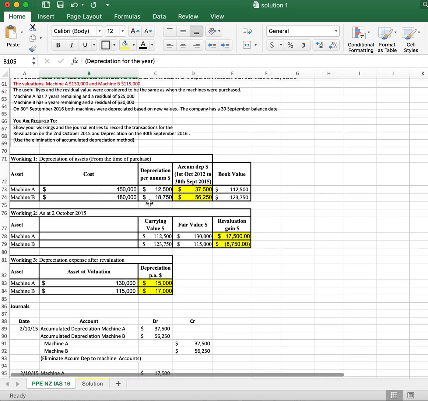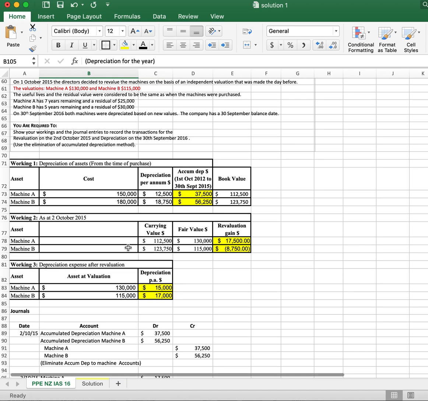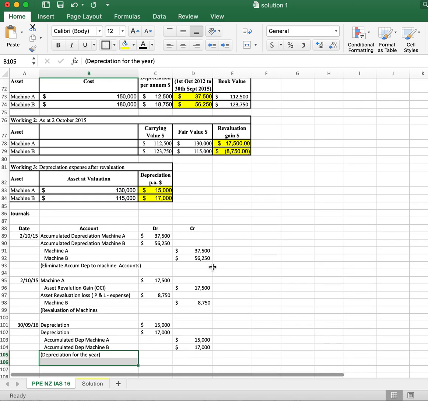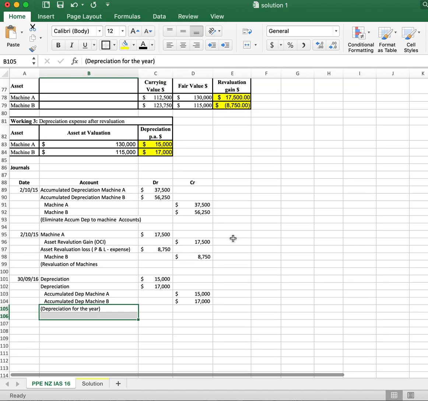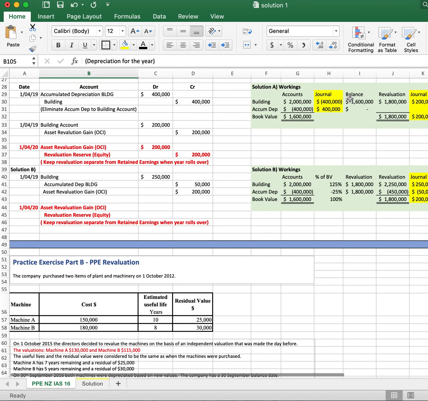For example, these working templates will be here with the right headers. They just won't have numbers in them. So you need to populate them, put in formulas, and work out which figures you pick up to put in the journals. For me, I could work out which figures I needed to use for the journals in that one, also up here and here.